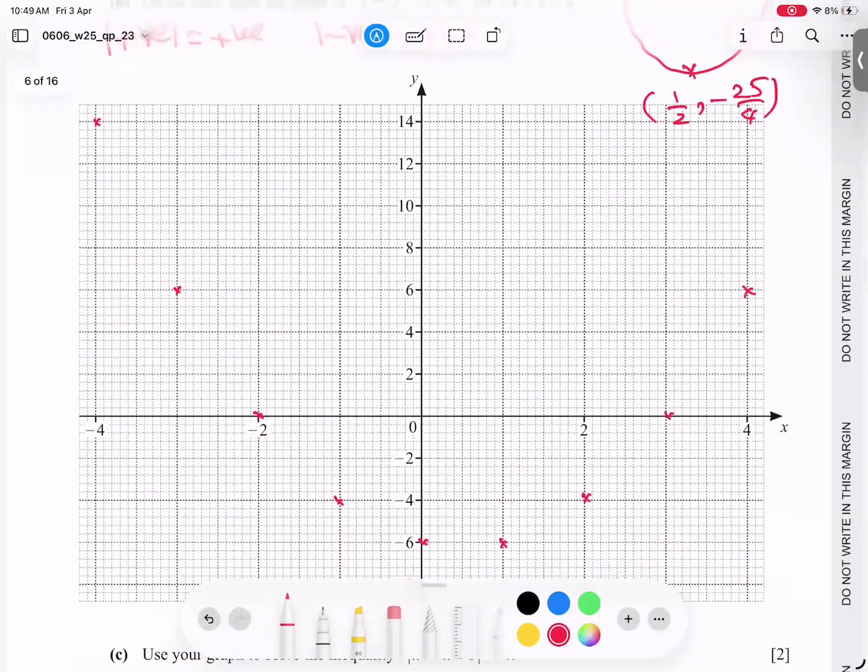If you look at it carefully, and I hope so, the point is very clear, because he asked us to draw it. Now I'm going to join. Now, the interesting part is going to come here.